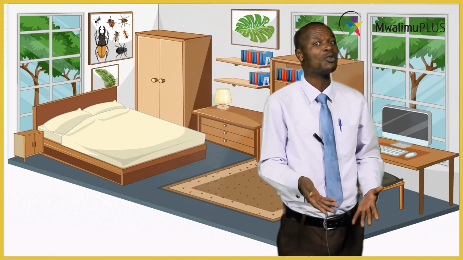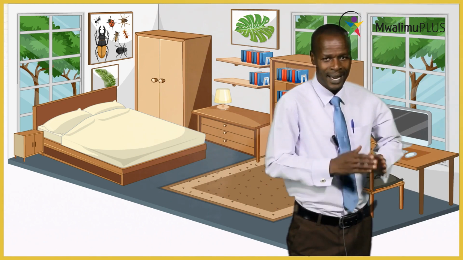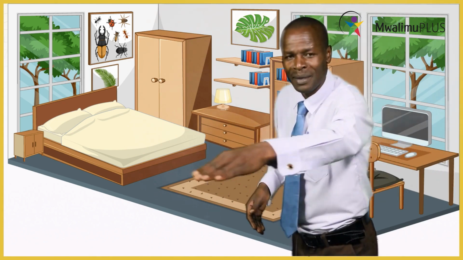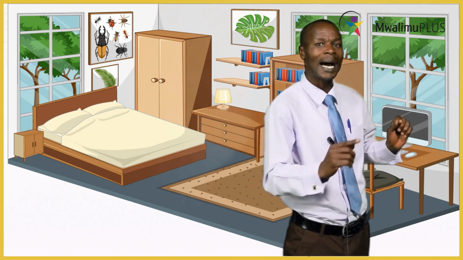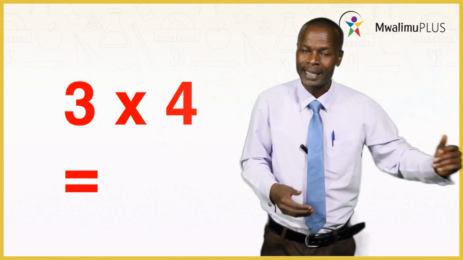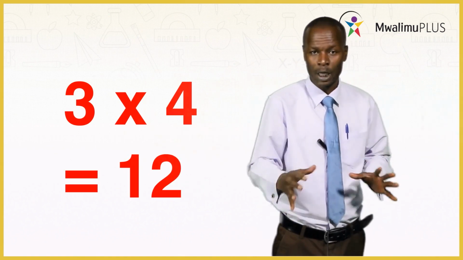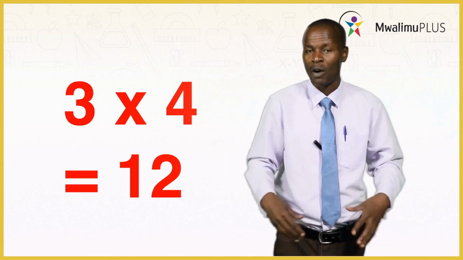Then you only need to multiply the number of meters you found along the length and the number of meters you found along the width. And that will give you the area. For instance, in your room that has 4 by 3, what is the area of that room? Very quickly, you only need to say 3 times 4 or 4 times 3 to give you the area of that room.